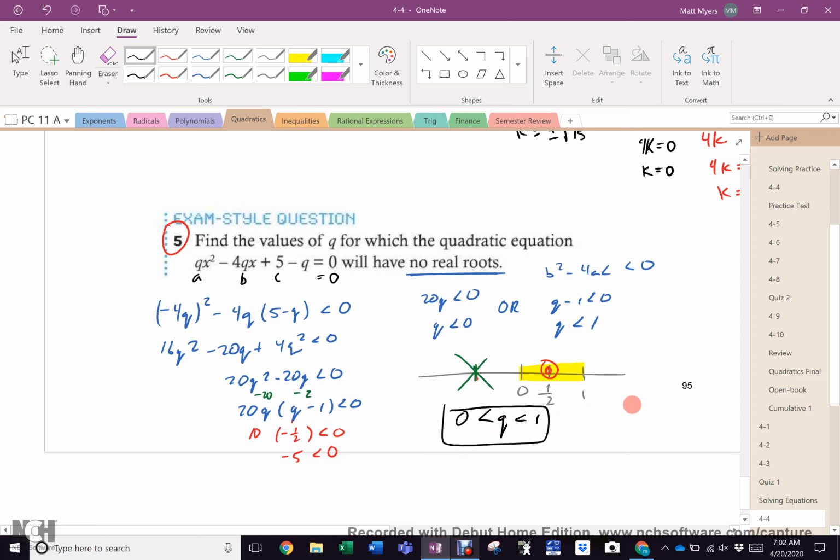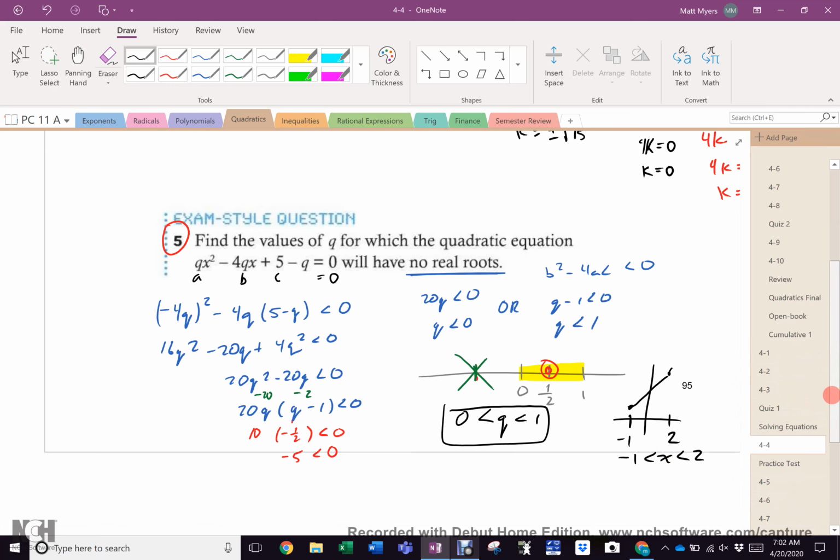Remember x, if I draw a line like that, negative 1 had to be less than x, and x had to be less than 2. Right? Okay, let us move on then.